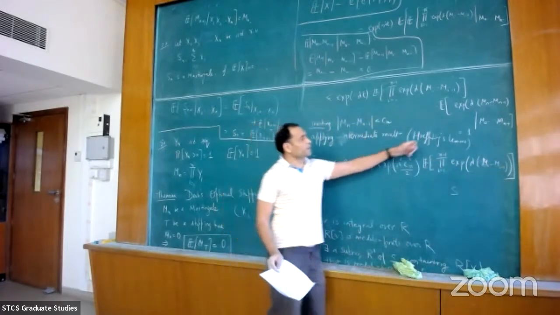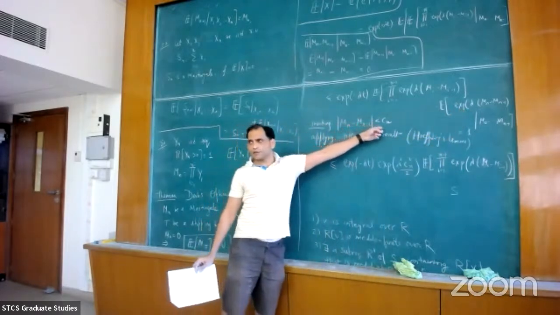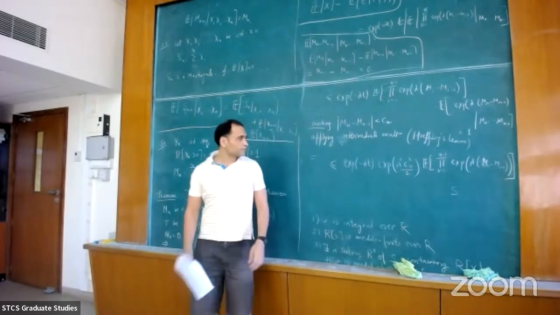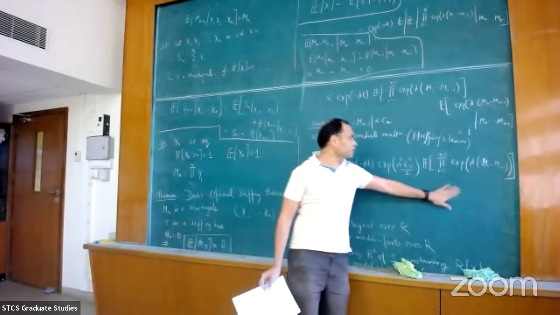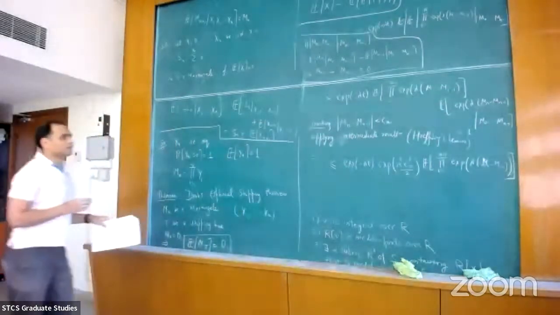So write the intermediate lemma only for the last term, which was m_n minus m_{n-1}, also less than or equal to C. So what do I get finally?